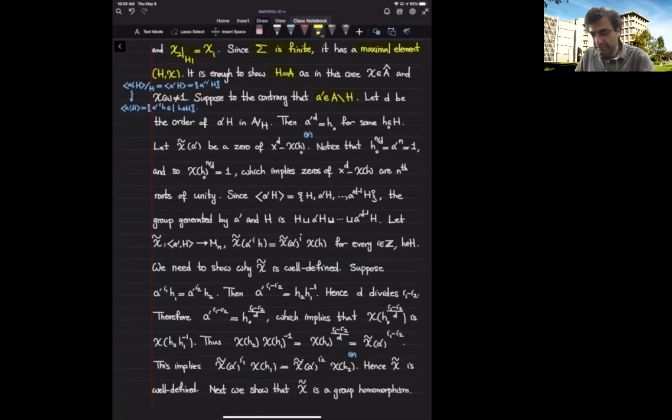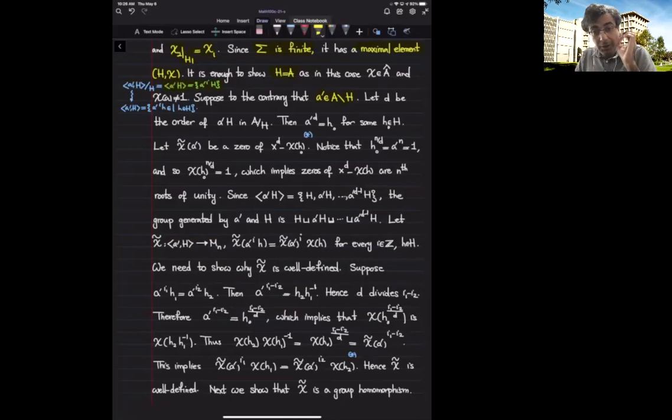In order to detect this, let's look at, again, this cyclic group generated by A prime and H. This cyclic group, let's say it has D elements. What does that mean? This means A prime raised to power D is inside H. Again, let's go slowly. If this cyclic group has D elements, that means the generator raised to power D is identity. That means A prime raised to power D should be inside H.